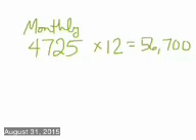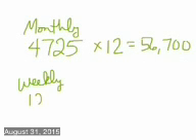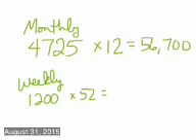So if my weekly salary was $1,200, I'd have to multiply that by 52 first. And the reason why is that there are 52 weeks in a year. So I'm going to times that by 52. $1,200 times 52, and I get 62,400.